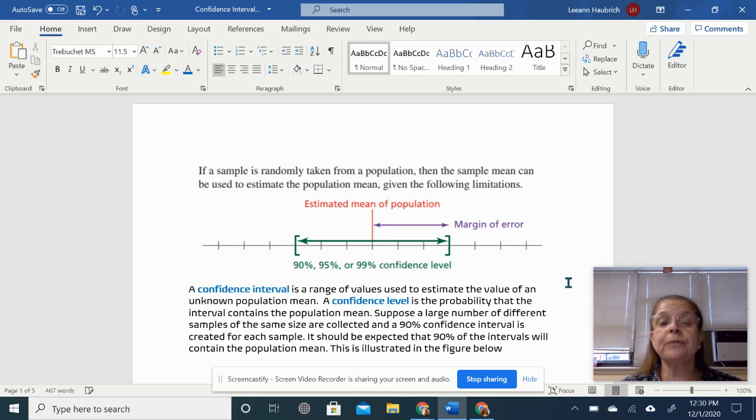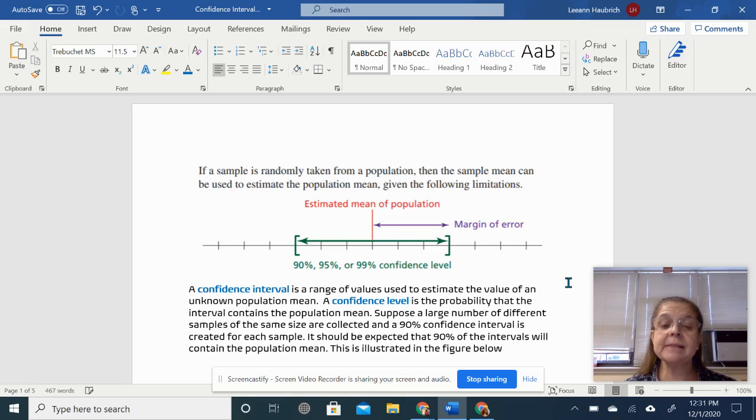So what you look for is a representative sample that is randomly chosen. You want to omit as many biases as possible. So when all of those conditions are met, then you can come up with your estimated population mean and you can come up with a confidence interval.